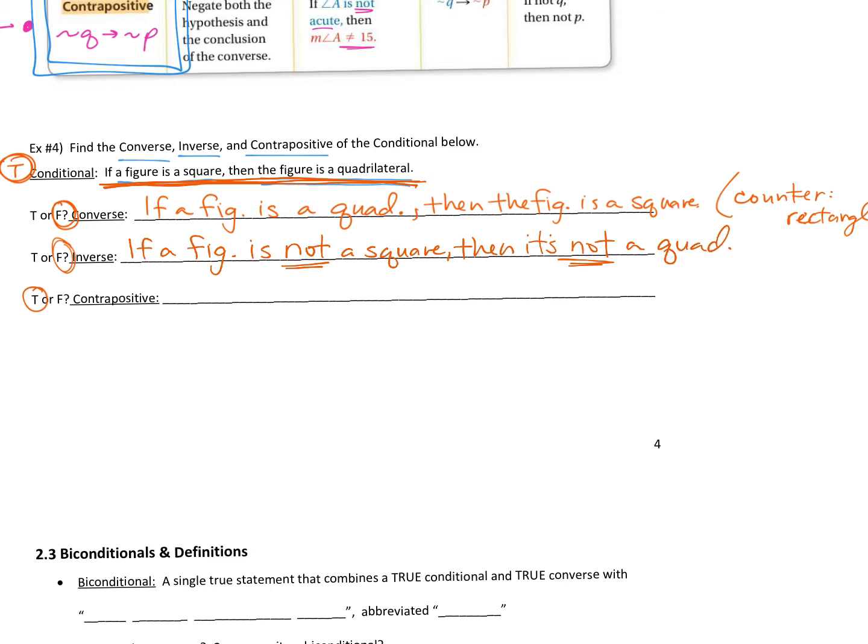And then the last one, the contrapositive, what would that be? Here's a way you can think of this. This is the converse of the inverse, right? So you take the one right above it and you just switch them, hypothesis and conclusion. So if a figure is what? Not a quadrilateral, then what?